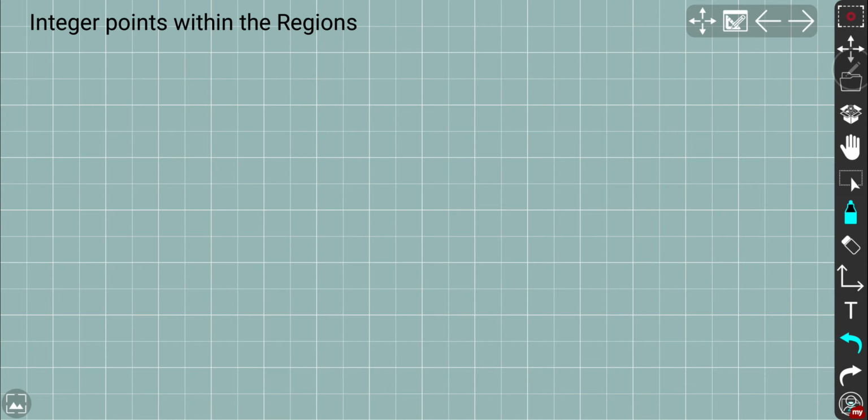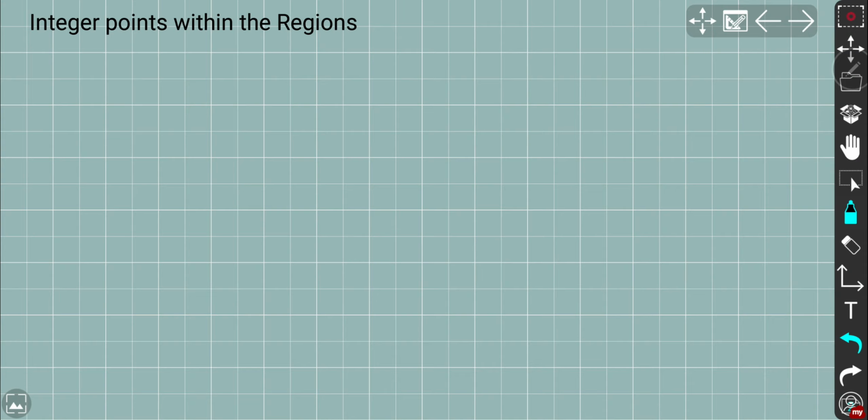Okay, so as in many problems for GCSE and higher tier, you are asked to find only points with integer coordinates, sometimes called integer points, within the region. Amongst all the points, because if you define the region and this region is not a single point, you understand there are really an infinite number of points within it, right?